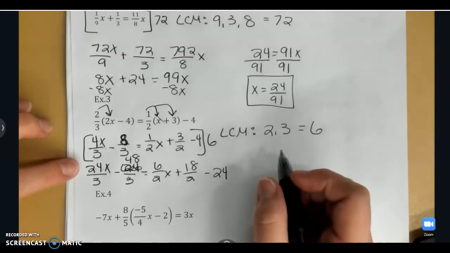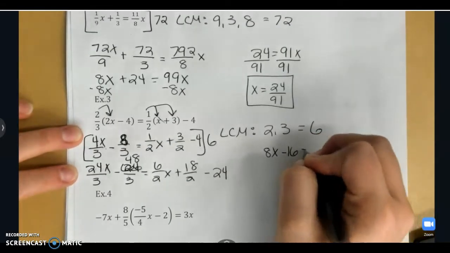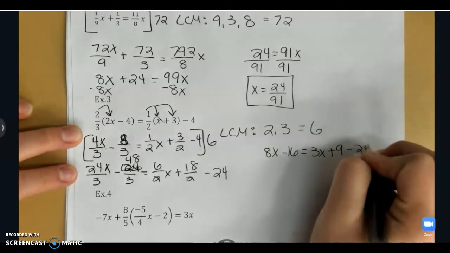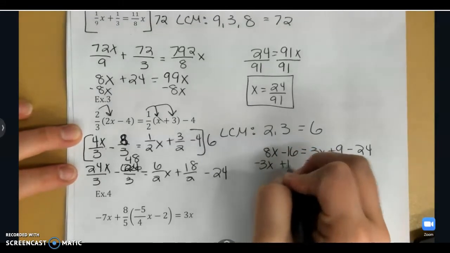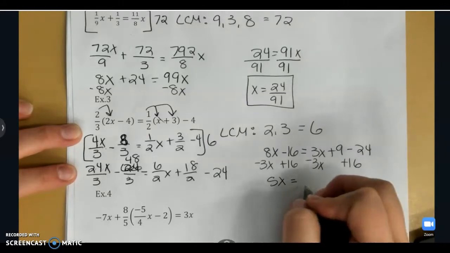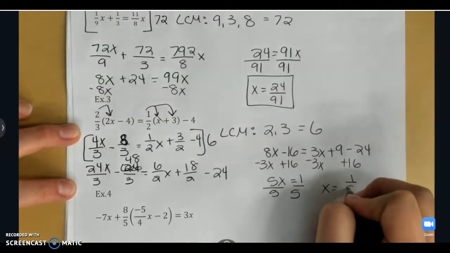So now I'm going to simplify, so that's going to give me 8x minus 16 is equal to 3x plus 9 minus 24. And again, get all my x's on one side, get all my constants on one side. So 5x is equal to 1. So x is 1/5.